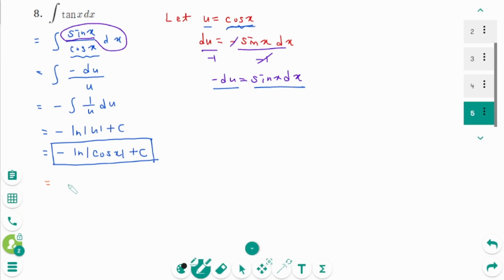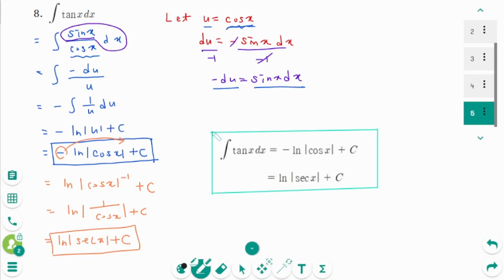We can rewrite as ln absolute value of cosine x to the power of minus 1 plus c. Then we can rewrite as ln of 1 over cosine x plus c, which equals ln absolute value of secant x plus c. Now we have a formula.